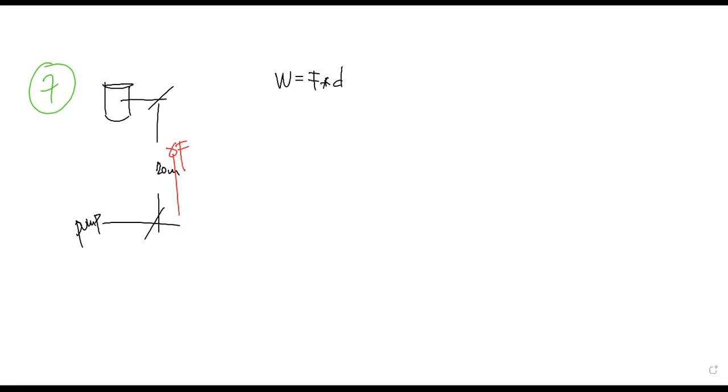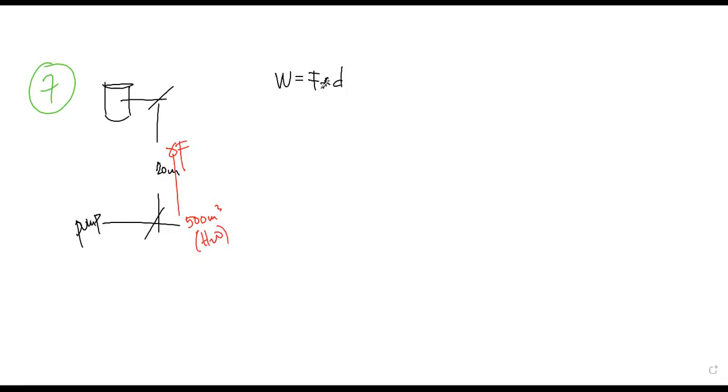The force is equal to the weight of the water. The volume of the water being transported is 500 cubic meters.